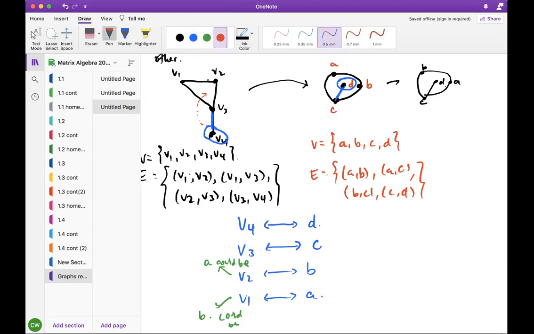And by similar reasoning, there's only one vertex like V3, and that's C, because C and V3 are the only vertices with 3 edges adjacent to it. So what we can do is store this information about what vertices are adjacent to which vertices. We can store this information in a matrix.